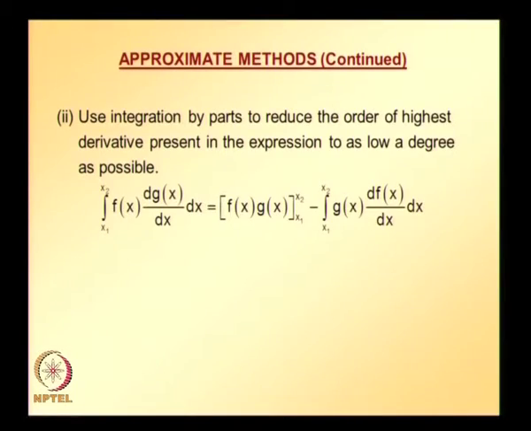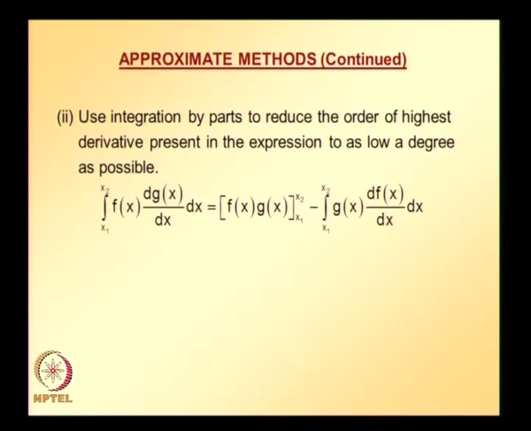And what is integration by parts? That is given here. Integral x1 to x2 of f(x) times derivative of g with respect to x dx can be written as f(x) g(x) evaluated within the limits x1, x2, minus integral x1 to x2 of g(x) times derivative of f(x) with respect to x dx. This is the integration by parts formula.